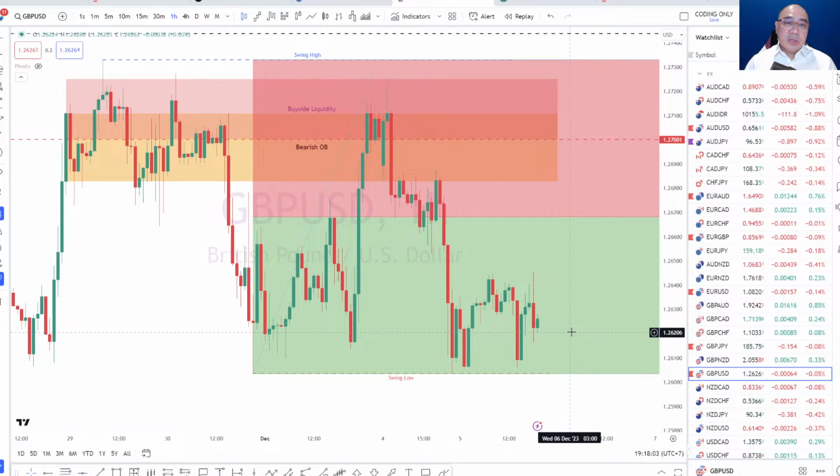But with the pound USD, it's unique because we don't have a break of structure or change of character ongoing in the market on the much bigger swing. Technically speaking, we're still looking at that potential accumulation to sell in pound USD at about 1.27. So it's kind of stronger and a reason to buy above at 1.27. Does that mean if you're thinking, this is closer to the swing low here, can I buy the swing low?